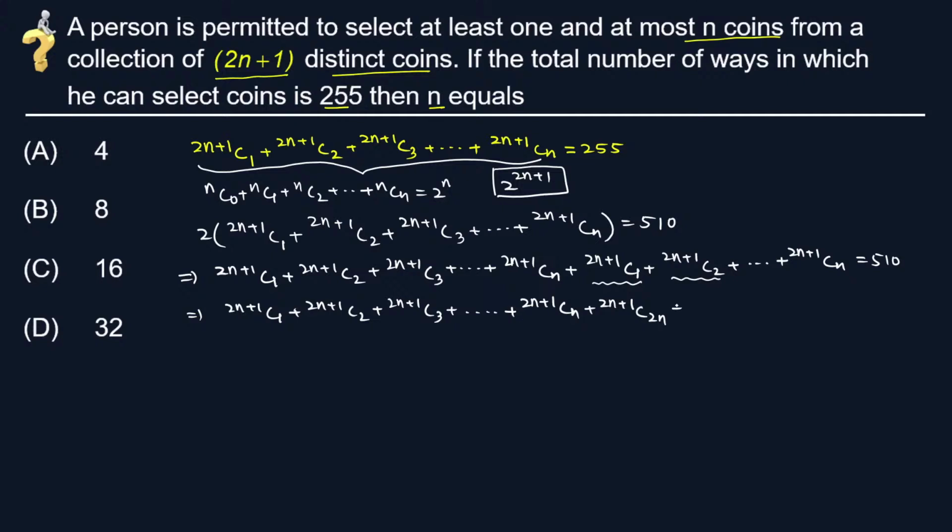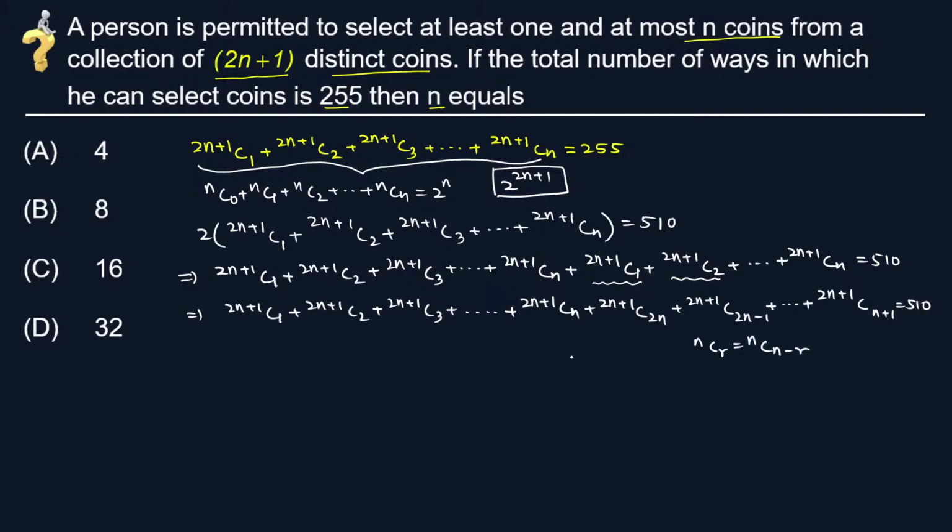This can be written as 2n plus 1 C2n minus 1. And this thing goes on. And the last thing can be written as 2n plus 1 Cn plus 1. Why have I written it in that way? Because we all know that nCr is the same as nCn minus r.